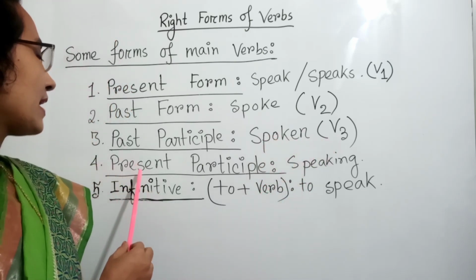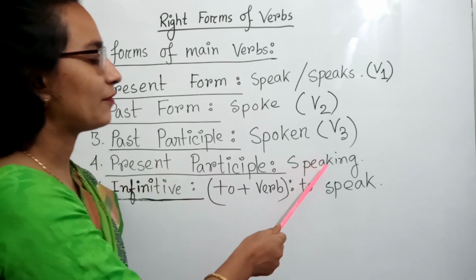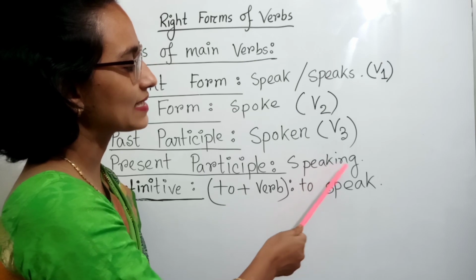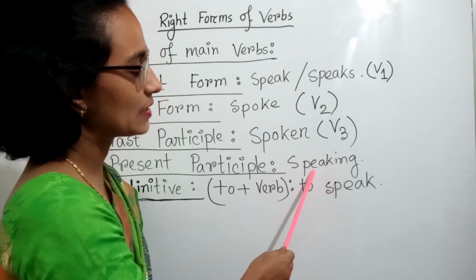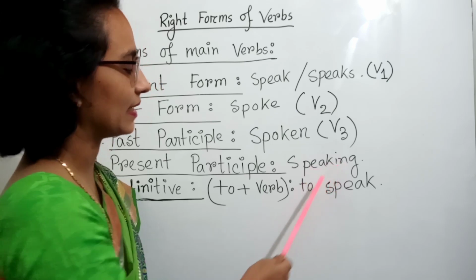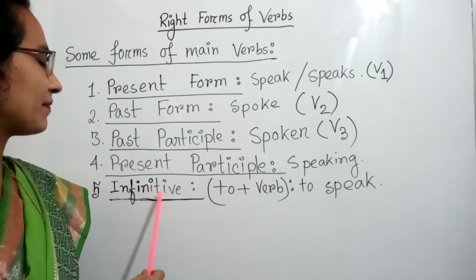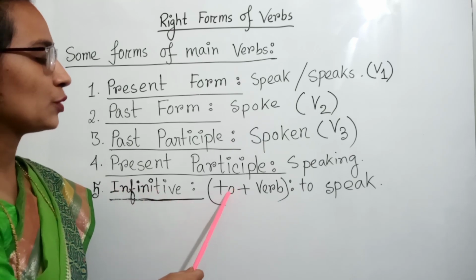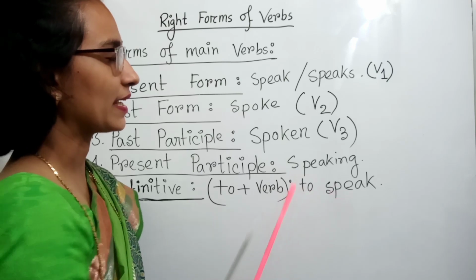Number 4, you can use present participle also in a passage. The form of the verb is verb plus ing. I wrote here speaking. Speak plus ing, that is speaking. It's called present participle form. Then number 5, infinitive. To plus main verb. I wrote here to speak.